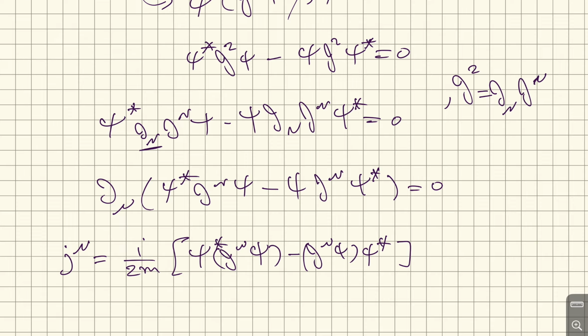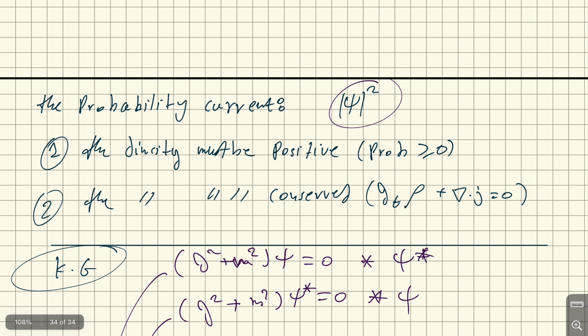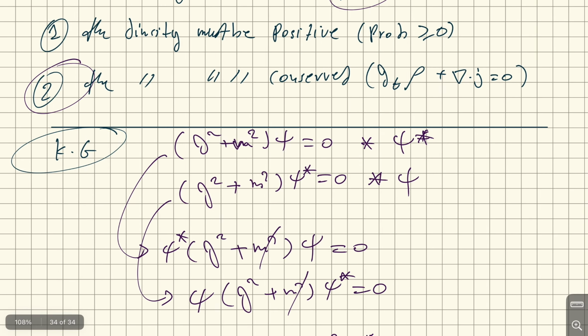And so this satisfies partial mu J mu equals 0. It satisfies it. So that is the conservation condition. We checked the second one, whether it's conserved or not.